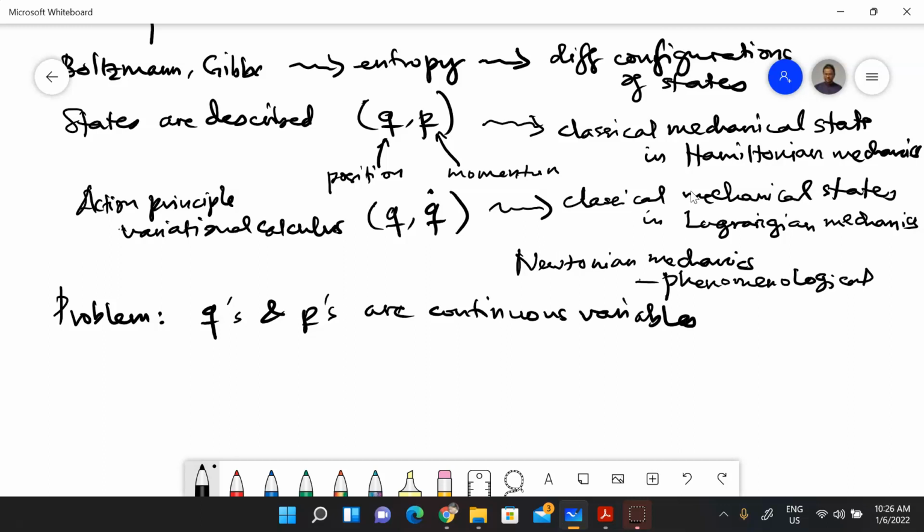In other words, if one needs to define the state using a continuous variable, it's going to be really difficult because there are infinite points that you want to look at. So that was the complication.